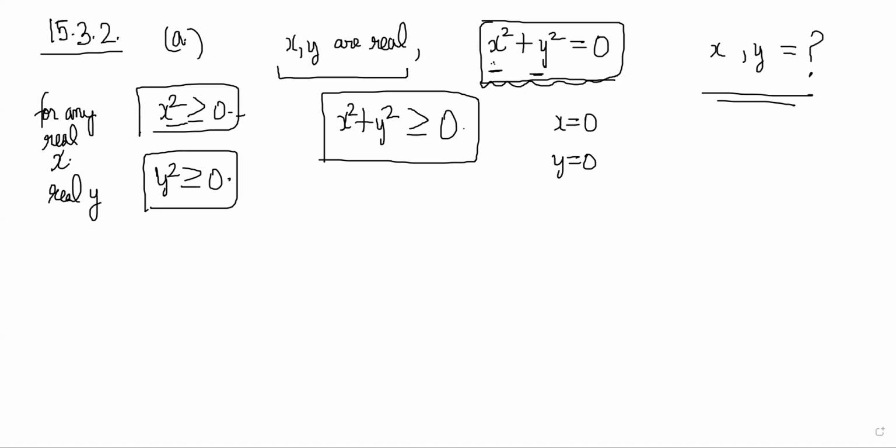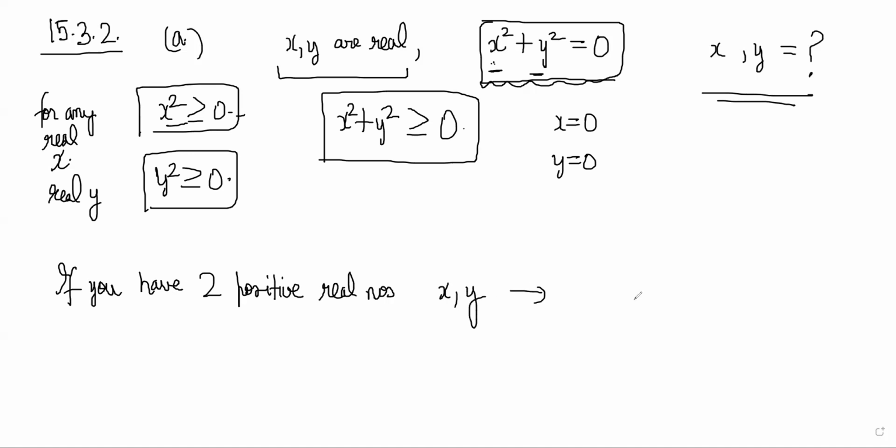The next part is a very important idea, 15.3.3, which is about AM-GM. If you have two positive quantities, two positive real numbers, x and y, the arithmetic mean of them is x plus y by 2.